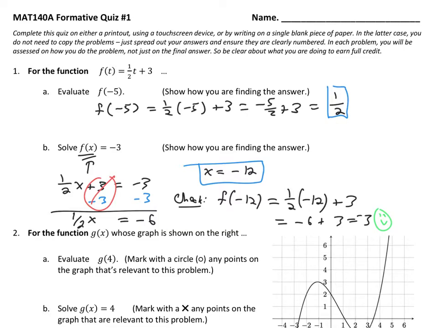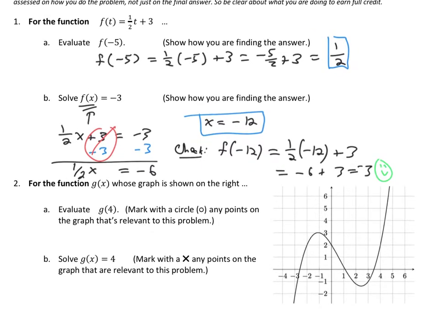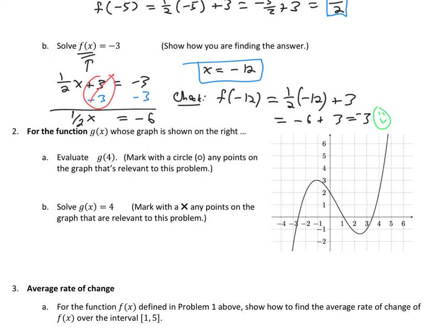For number 2, it's the same two questions, but in this case, we don't have an algebra formula for our function. We only have a graph. So the key relationship there, remember, is that on a graph, if you know that a point is on the graph, then that point is an input-output pair.